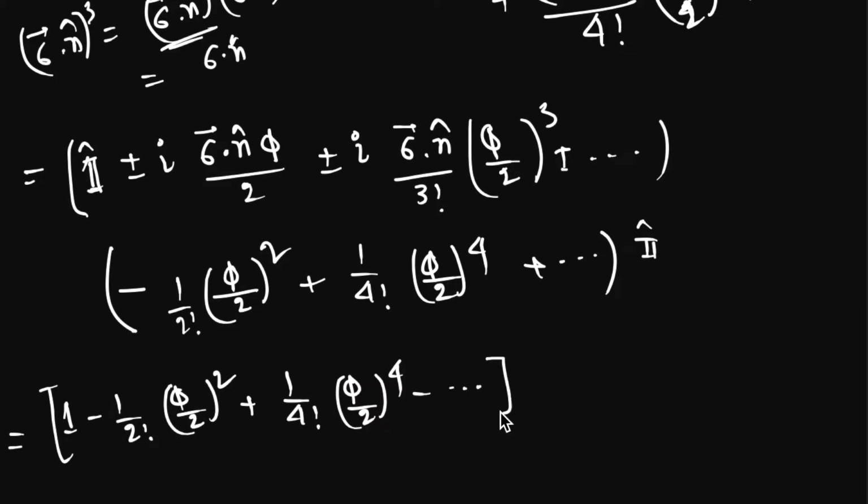minus so on, into the identity operator, and plus minus i sigma dot n cap. Since i cube is equal to minus i, this sign will become minus plus.